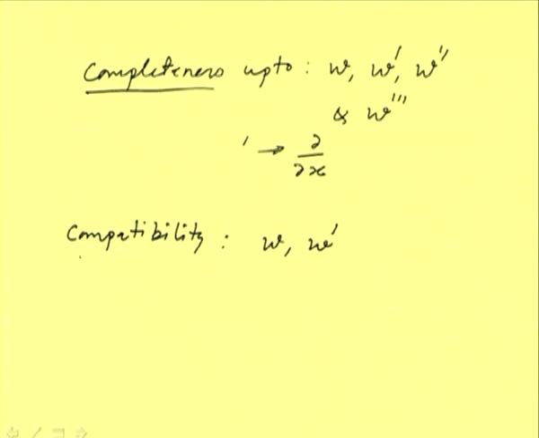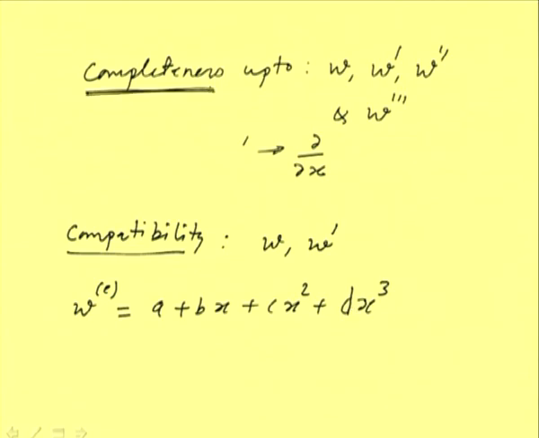So, w and w prime compatibility is required for the shape function to satisfy. As we have seen, for completeness the cubic polynomial is sufficient, because if we take the third derivative of w, a constant term d will remain. So, it satisfies the completeness condition.